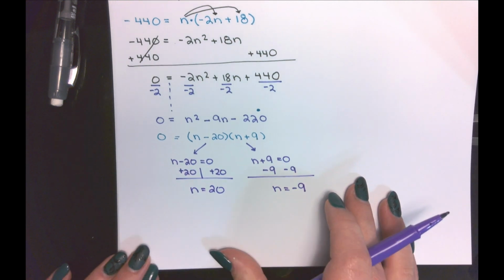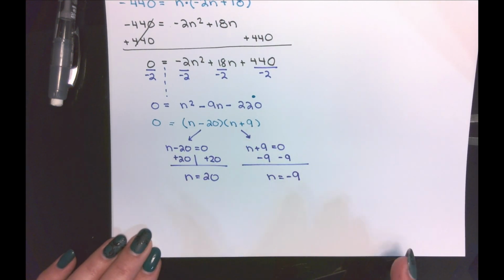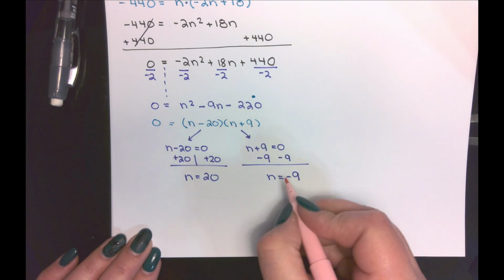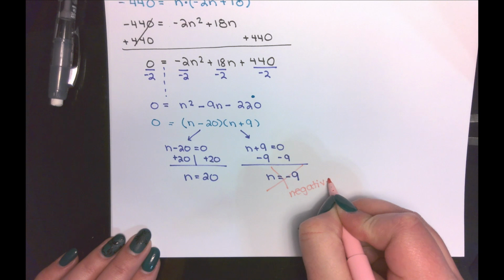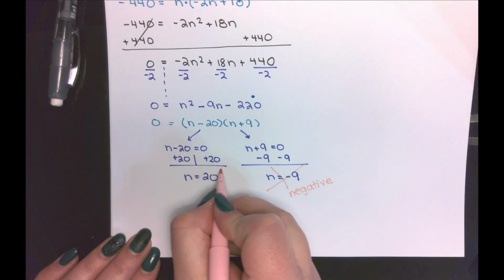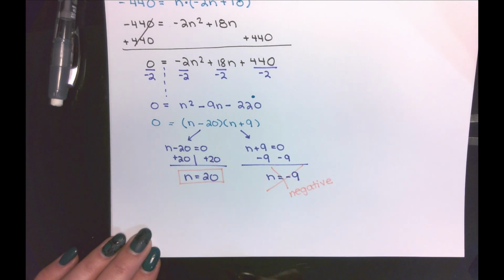Now, these are the two options for our answer. The two options are either a positive 20 or a negative 9. Both of them are whole numbers. But we cannot have a negative possibility because this is negative. This is not an option. So the quantity of numbers that we add up is 20.